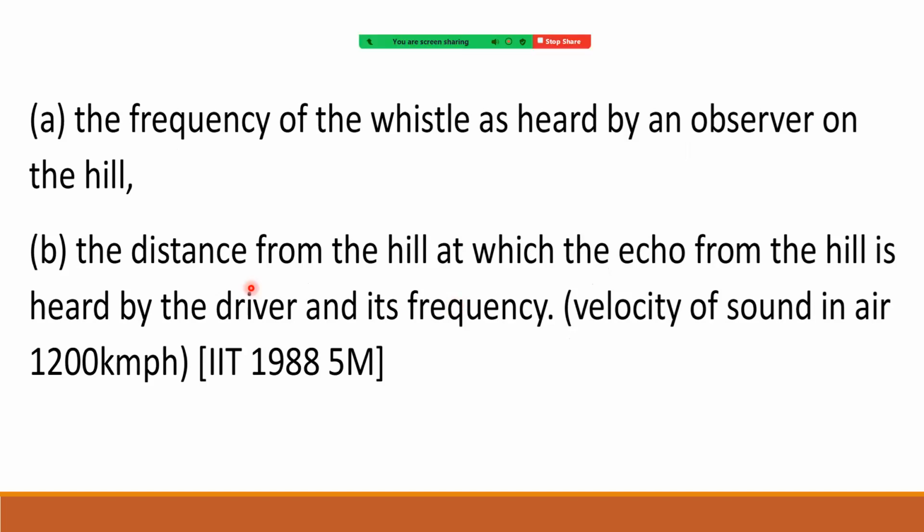And next one, the distance from the hill at which the echo from the hill is heard by the driver, and its frequency. So this is a previous IIT 1988 question given for 5 marks. First, we have to calculate the frequency of the whistle as heard by an observer on the hill. Next, the distance from the hill at which the echo is heard by the driver and its frequency.